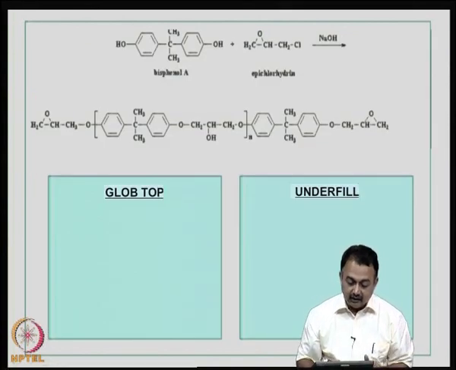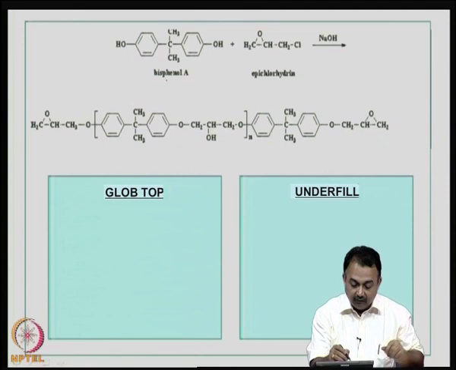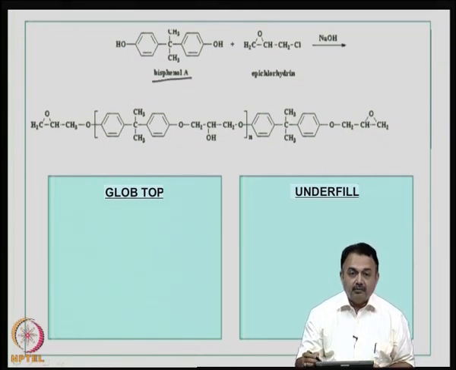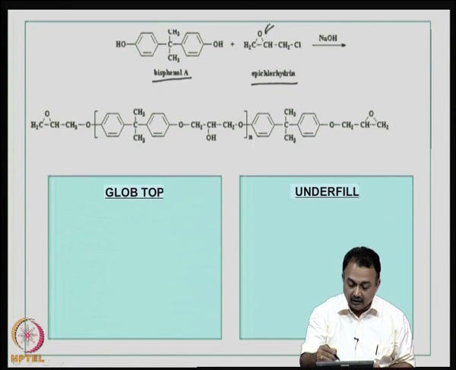So, if you look at this reaction here, the laminate structure which I showed you as a sample here involves basically formation from a reaction between bisphenol A chemical and epichlorohydrin, which contains the epoxy ring, epoxy group, in the presence of sodium hydroxide, and therefore, you get a long chain polymer.